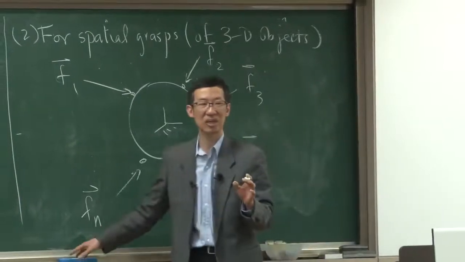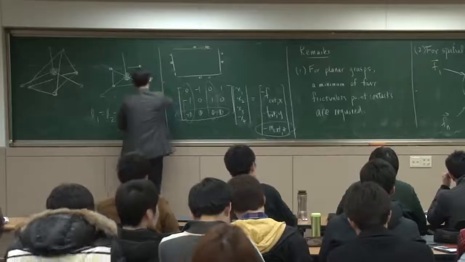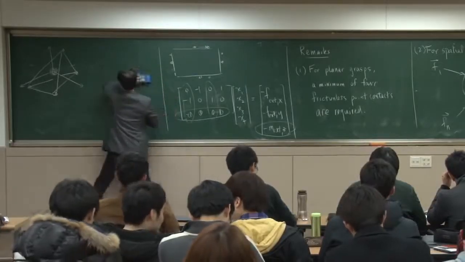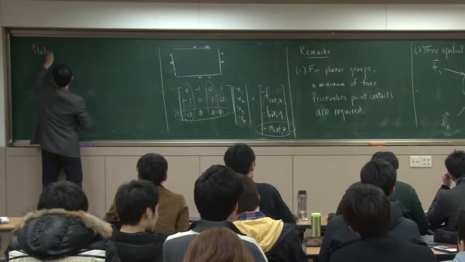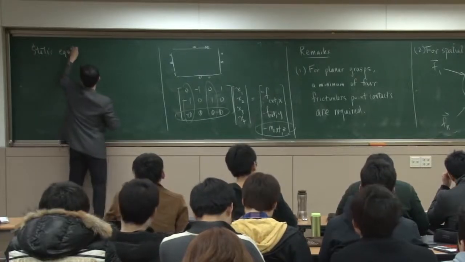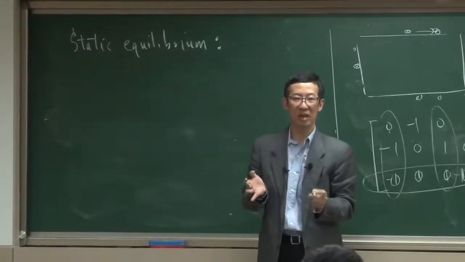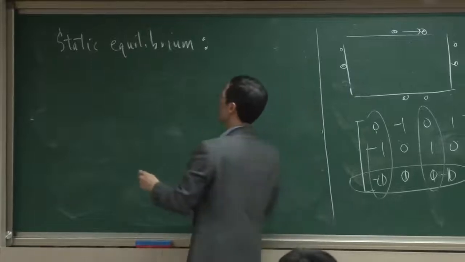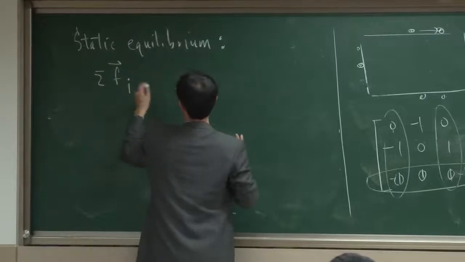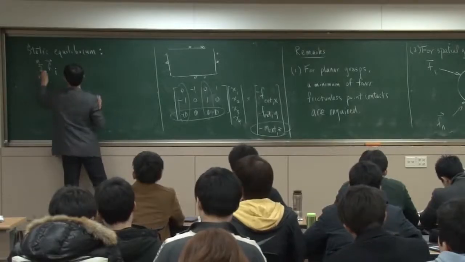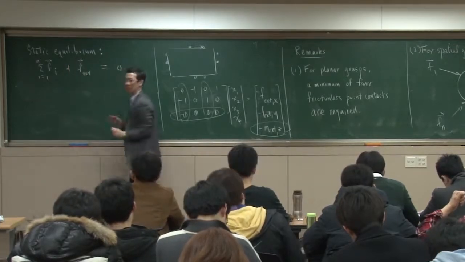Next, write down the equations for static equilibrium. Sum of the forces equals 0, sum of the moments equals 0. So the sum of the forces, from 1 through n, and including the external force, equals 0.